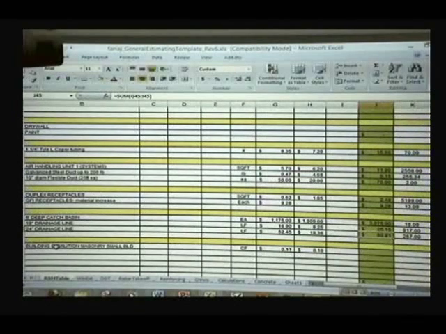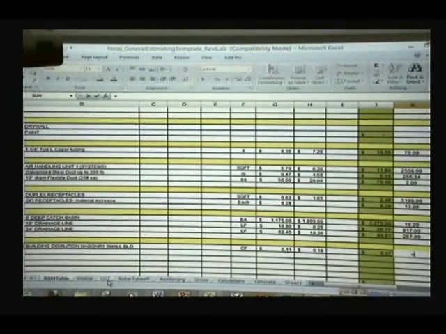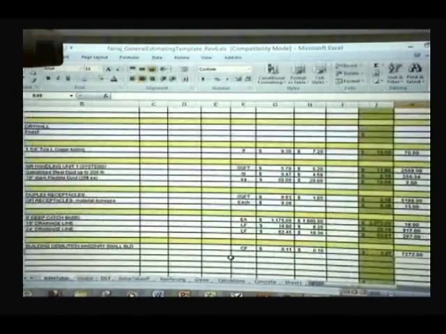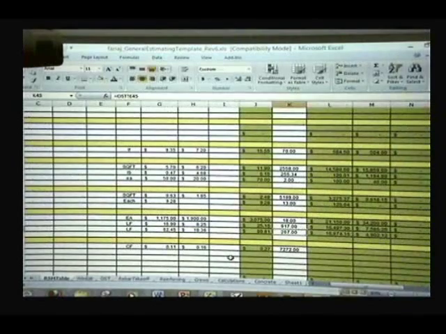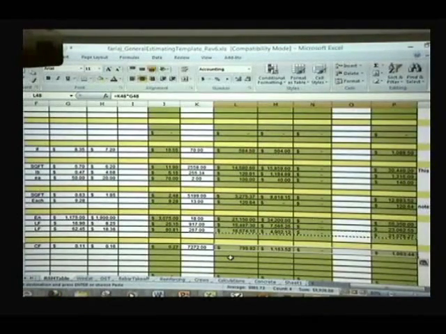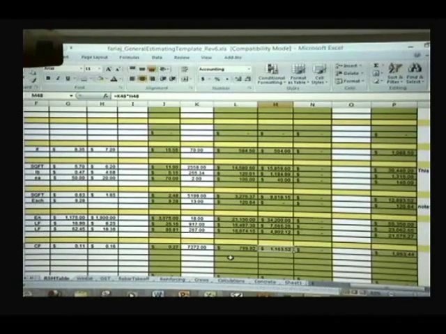The quantity of work comes from on-screen takeoff, straight the cubic feet that I calculated, and then that gives me the cost of demolition for that building. That seems low. $2,000 to demolish a building seems low.